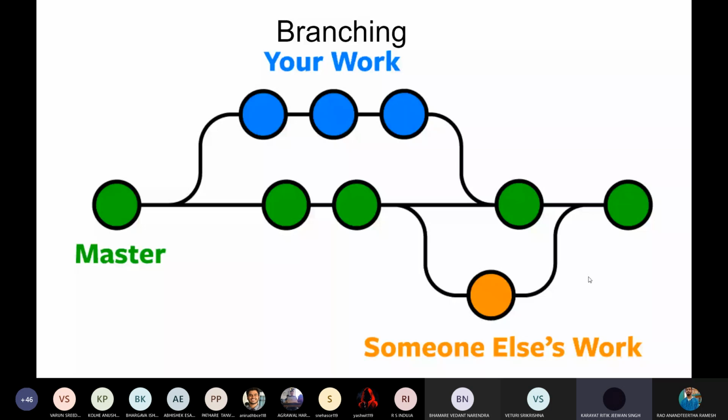So you are making a login page, so you work on your separate branch, that is the login branch, and then somebody else is given a task of building a chat functionality, so they are working on their separate branch, and then both of you are merging the code in the master branch. So what it does is that it lets you work simultaneously on different things, and also makes collaborating much easier.